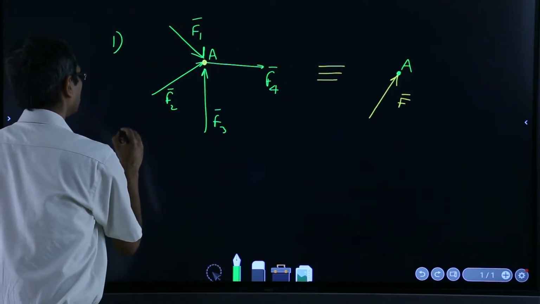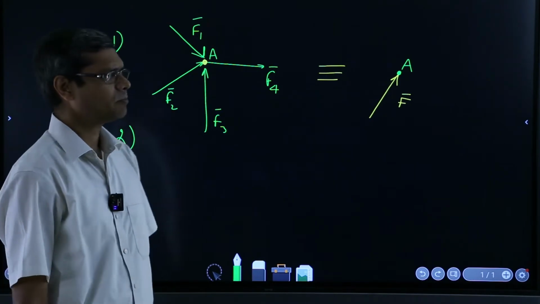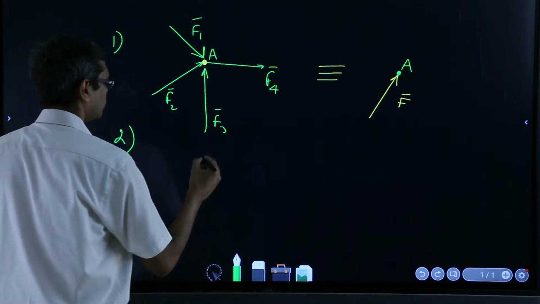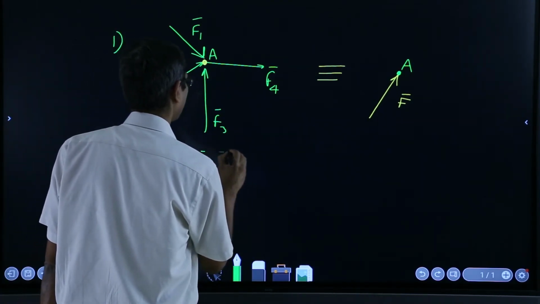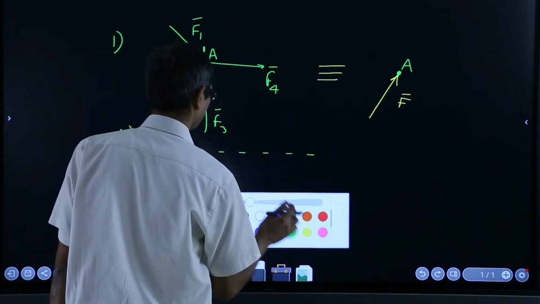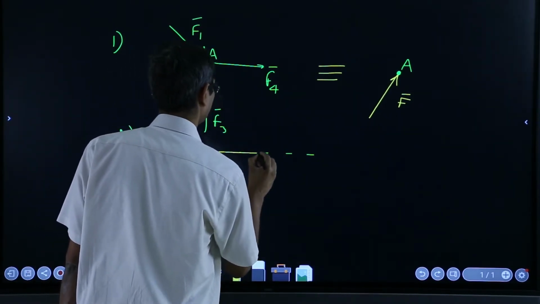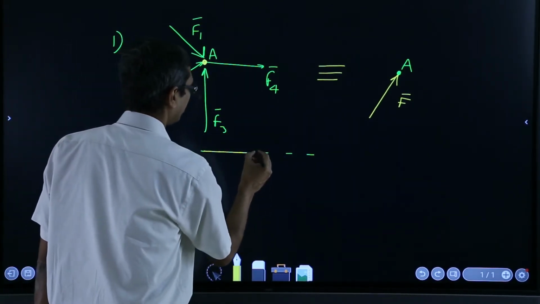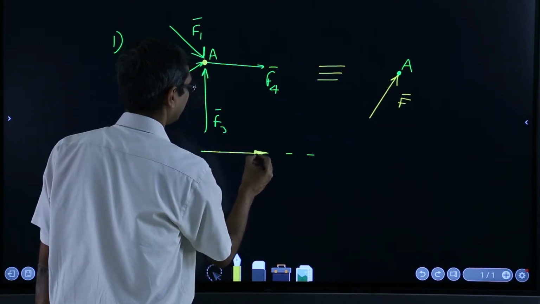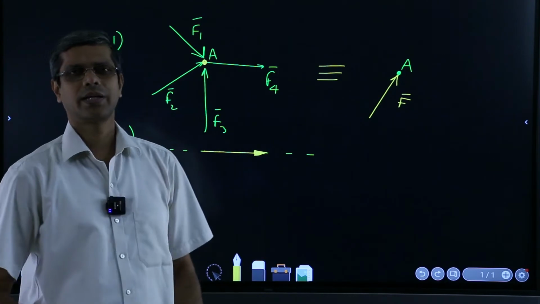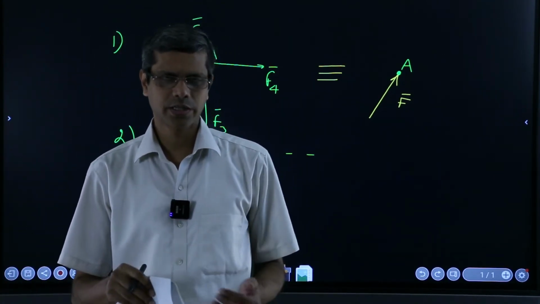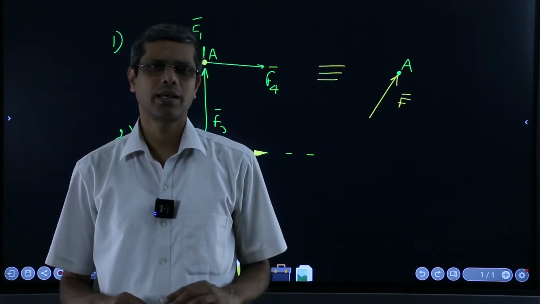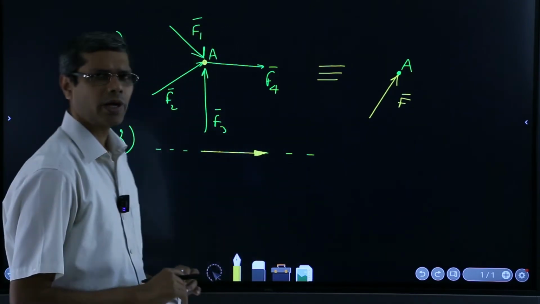Now the second trivial thing is about the transmissibility of a force. Suppose there is the line of action of a force. For all our considerations, we are dealing with whether a rigid body is stationary or moving with a constant acceleration, which does not matter; we are talking about dynamics.